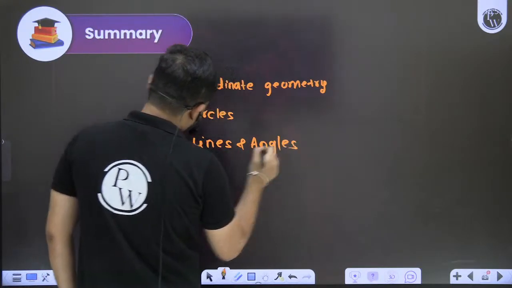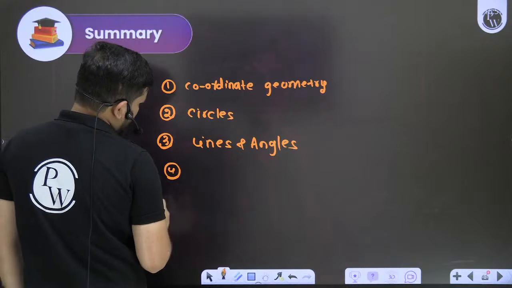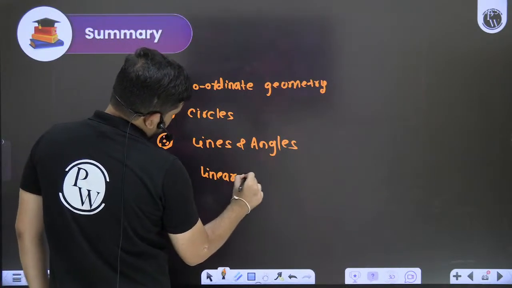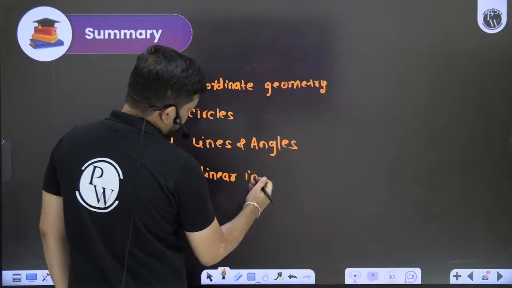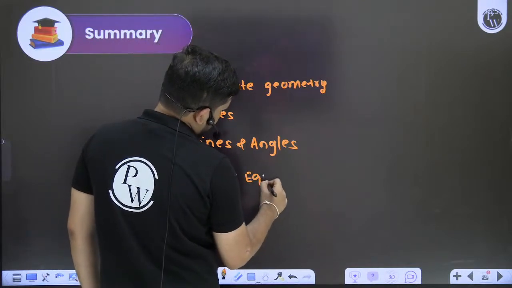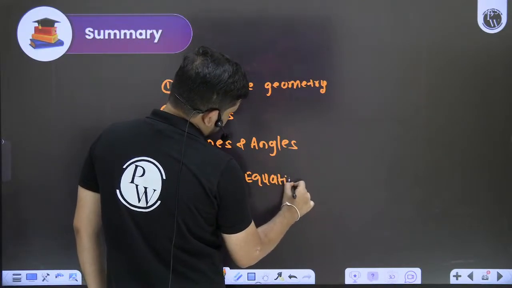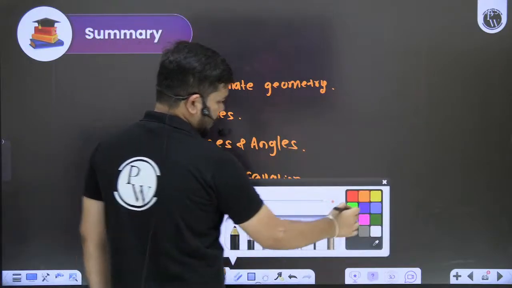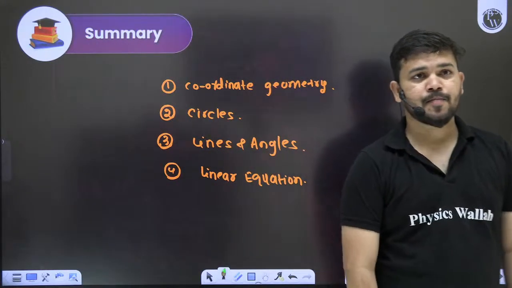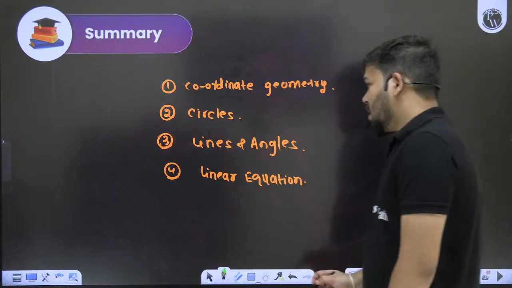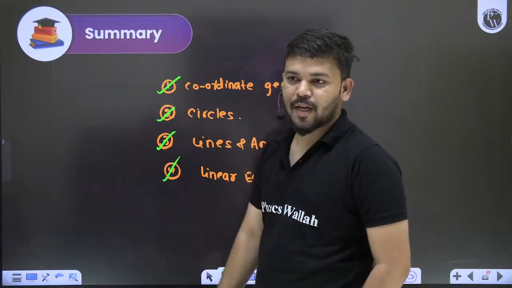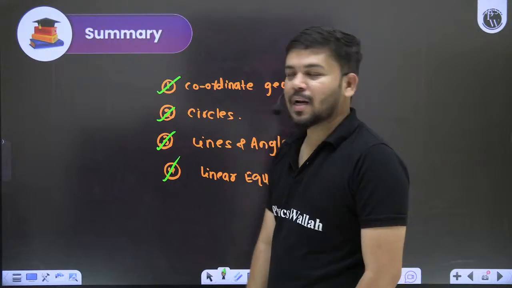And the fourth one is linear equations in one variable and two variables. So these are the four chapters we covered in this single class, which is around 1 hour of class.